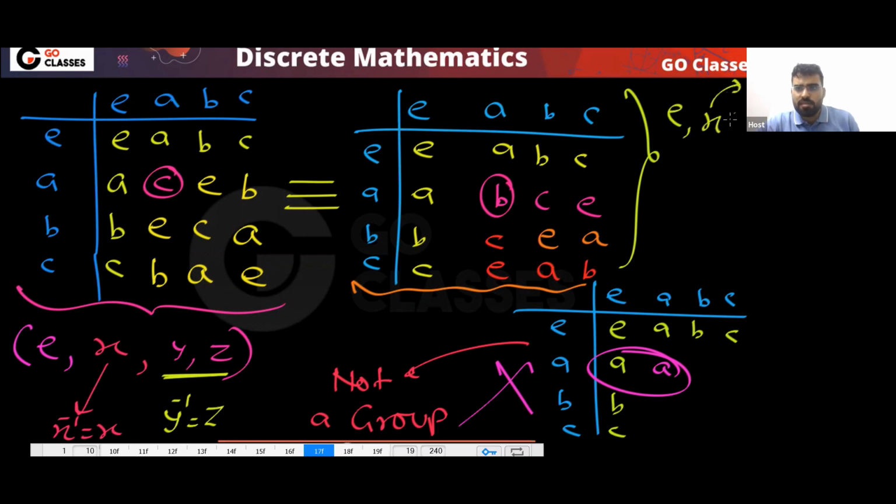You can notice that B is the inverse of itself. And the remaining two elements are inverse of each other. Is this clear?